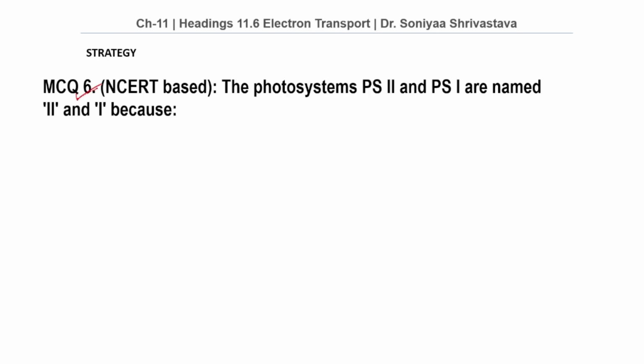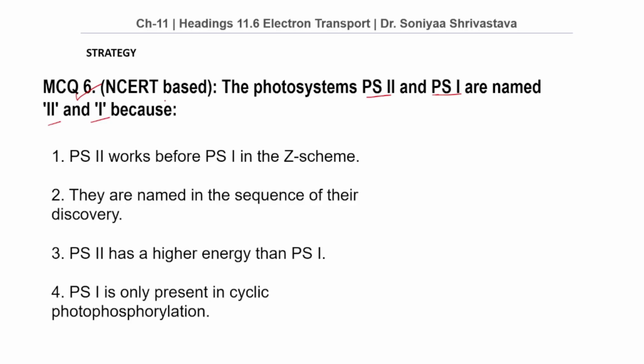Moving on to MCQ number 6. The photosystems PS2 and PS1 are named 2 and 1 because, student, this is a conceptual trap. Let's see our options. Option number 1. PS2 works before PS1 in the Z scheme.